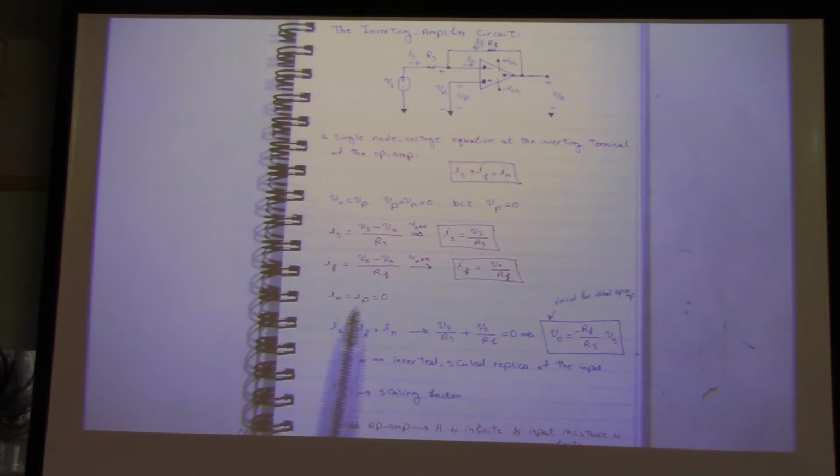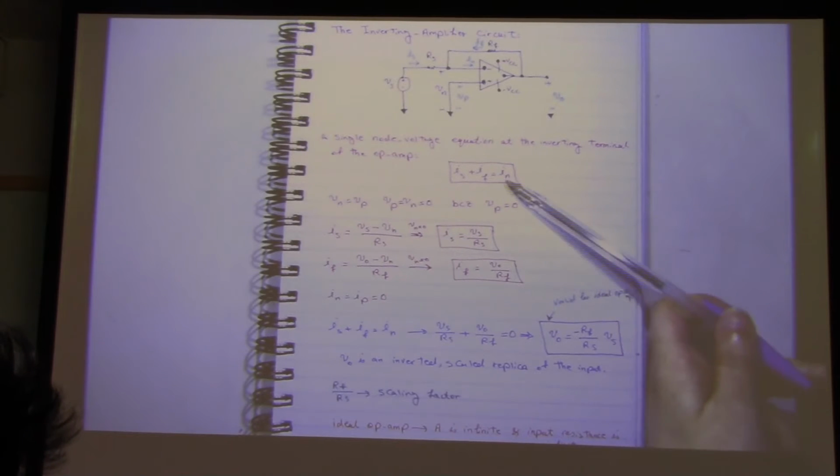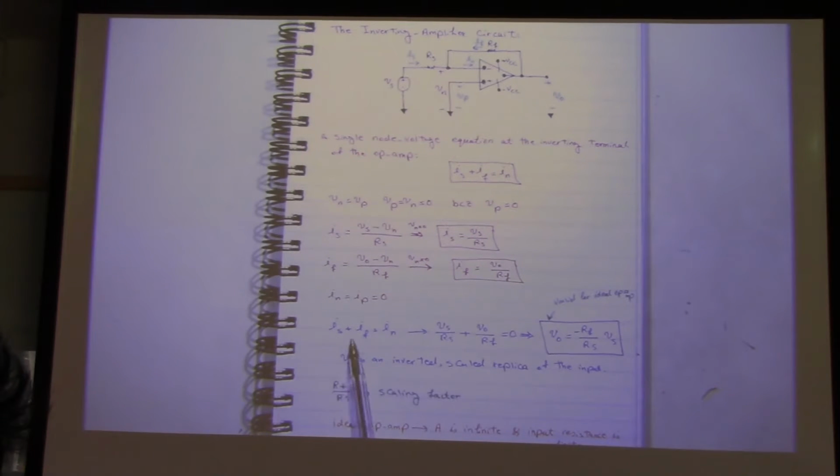So In is equal to Ip, and Ip is 0. So for this equation, In is 0. So Is plus If is equal to 0. So we have Is from here, and we have If from here. So V out is equal to minus Rf over Rs times Vs. Because of this, we have over here this negative.